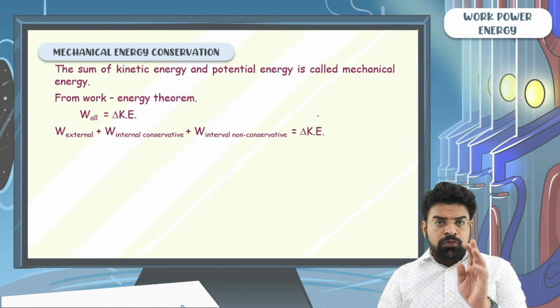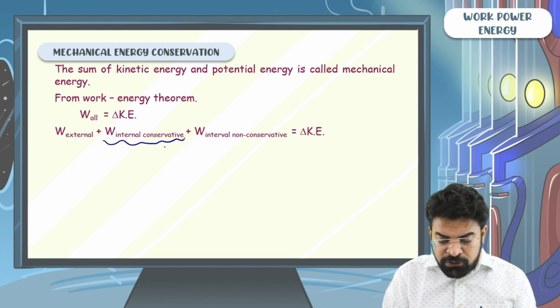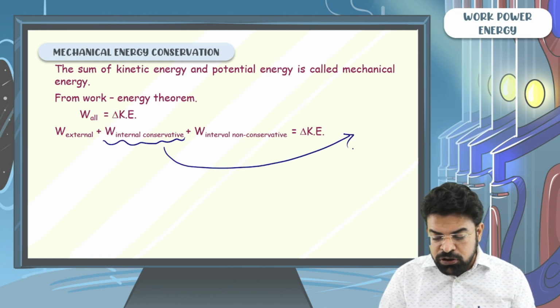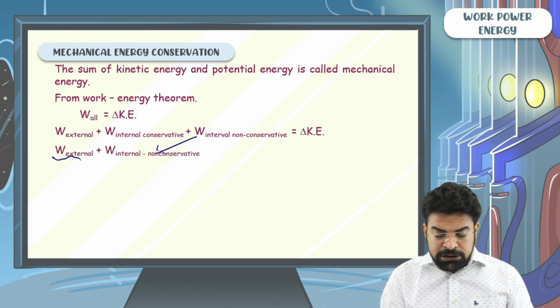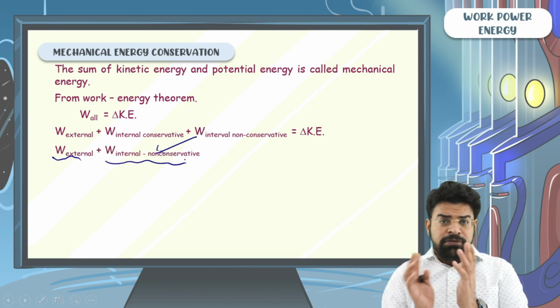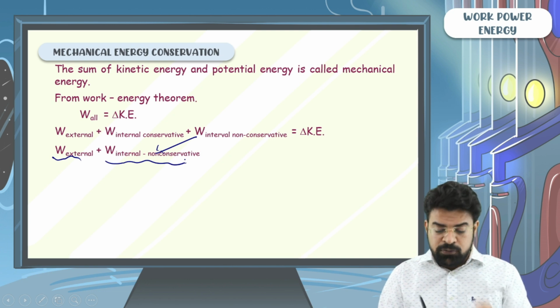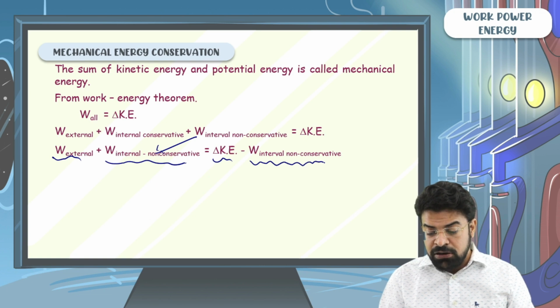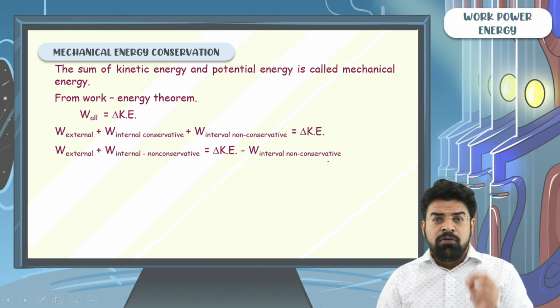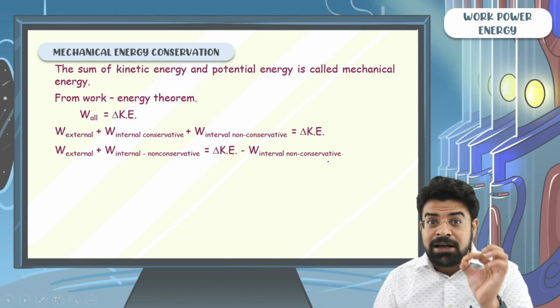I want you to visualize that I bring the term, the work done by internal conservative forces, to the right. So we can say work done by external forces plus the work done by internal non-conservative forces, maybe viscous force or friction force, equals the change in kinetic energy minus the work done by internal conservative forces. What is minus the work done by conservative forces?